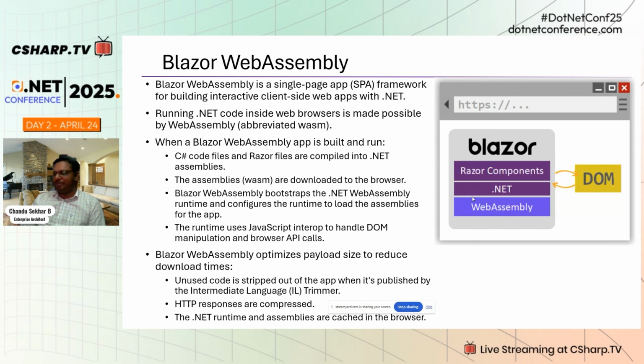To reduce that, unused code is stripped out of the app when it is published by the IL trimmer, and HTTP responses are compressed. The .NET runtime and assemblies are cached in the browser. So this is, at a high level, all about Blazor WebAssembly.